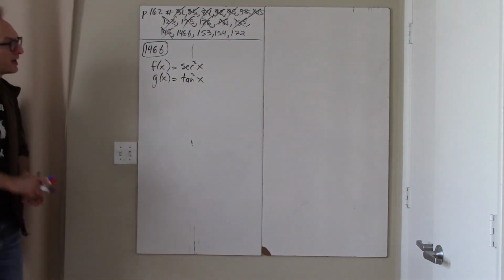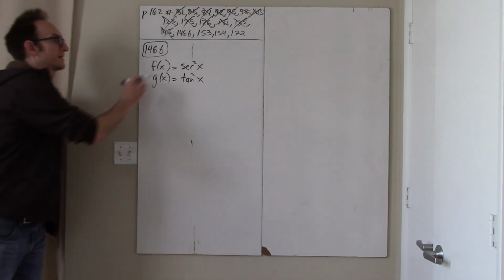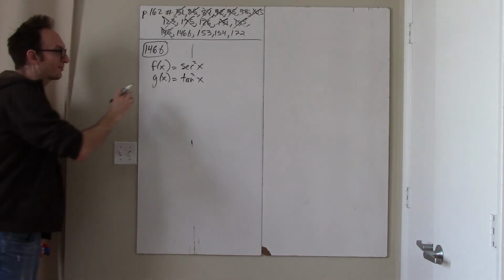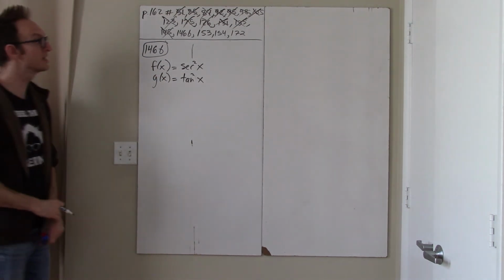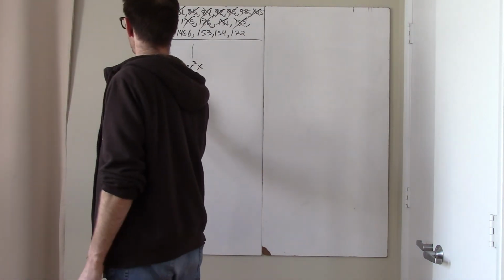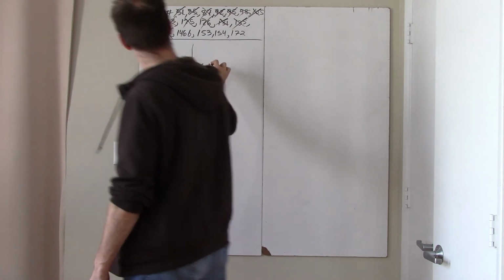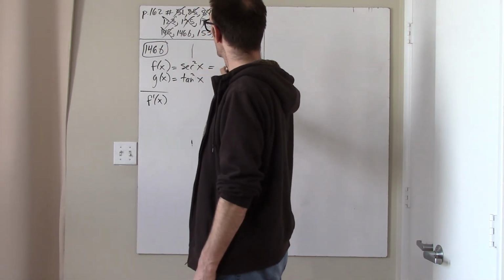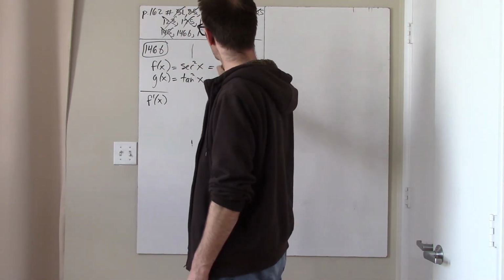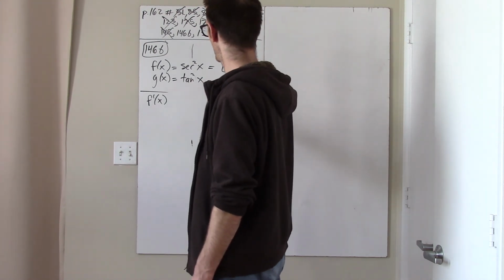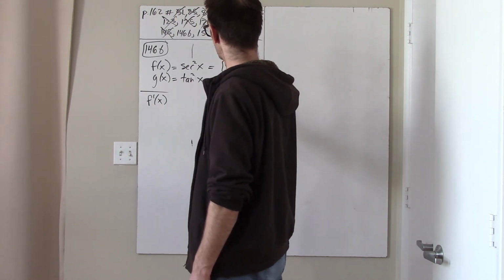Well, forgive me if I've already given this explanation for a different problem, at least in some of the classes, but the most mindless way to do this problem is to just do it. So this secant squared should be parsed as secant quantity squared, and tan squared really means tan quantity squared.